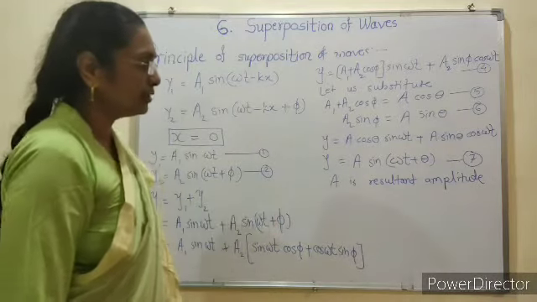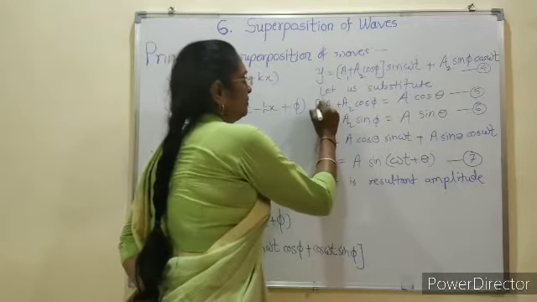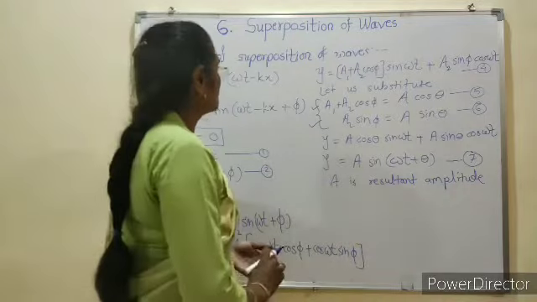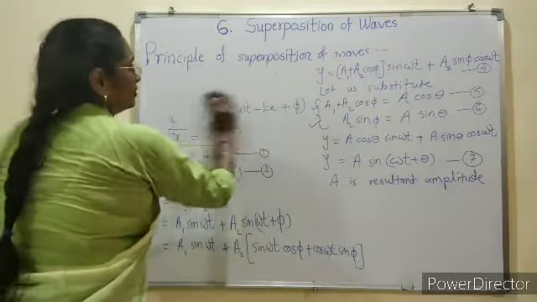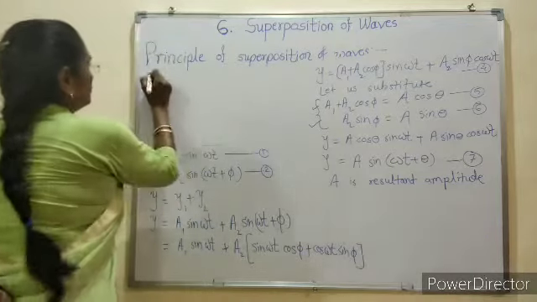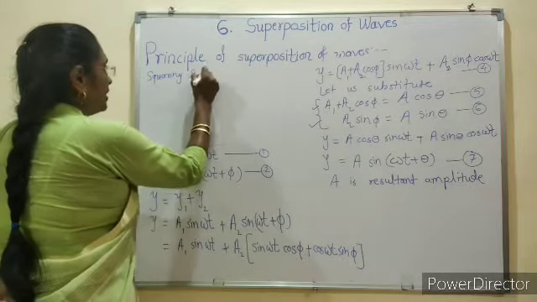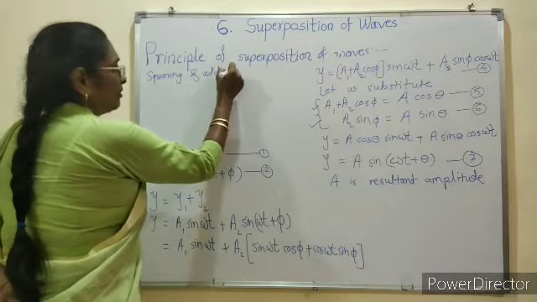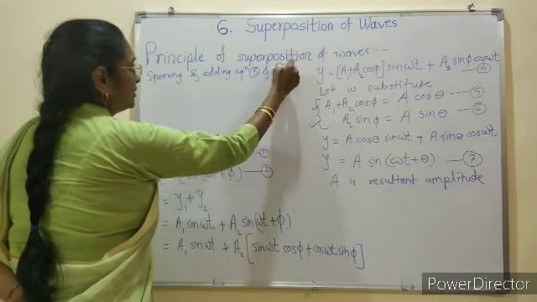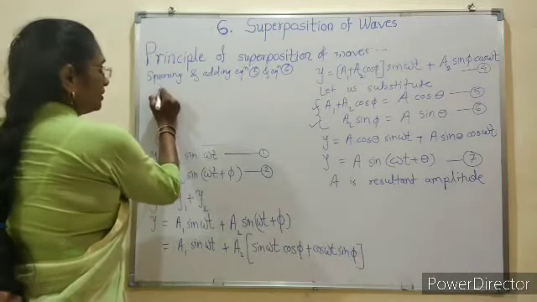Now the resultant amplitude can be obtained by considering equation 5 and equation 6. So let us take the squares of equation 5 and equation 6 and add them.